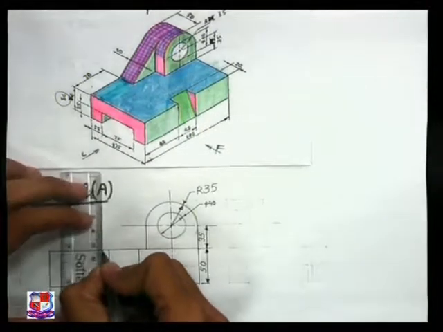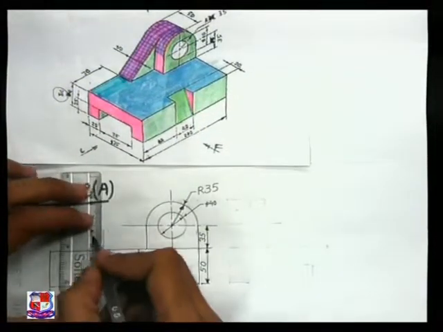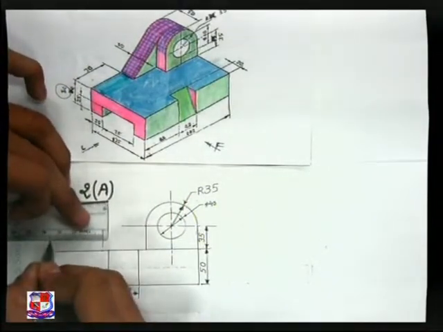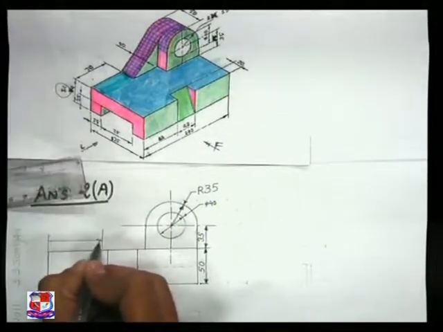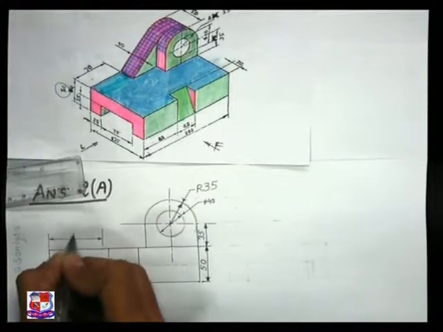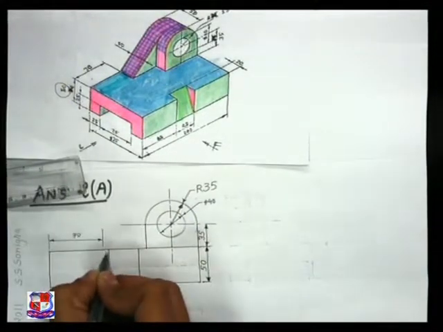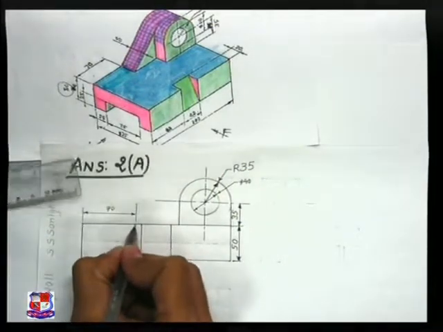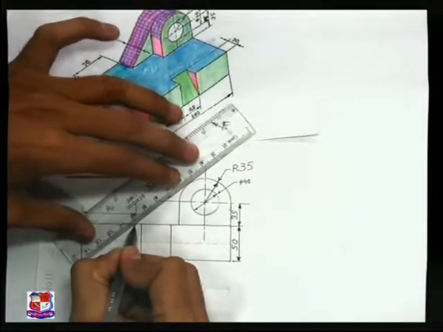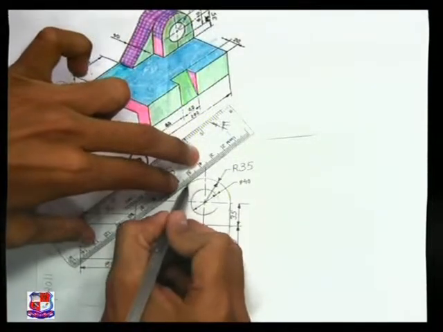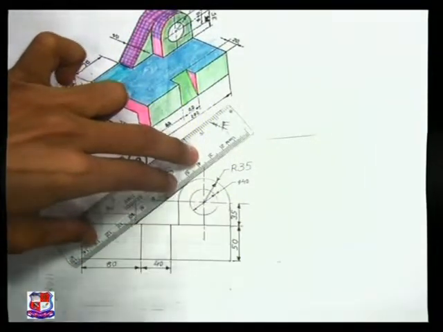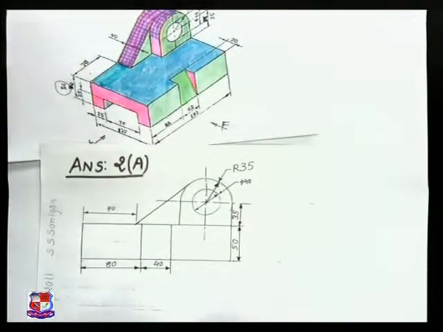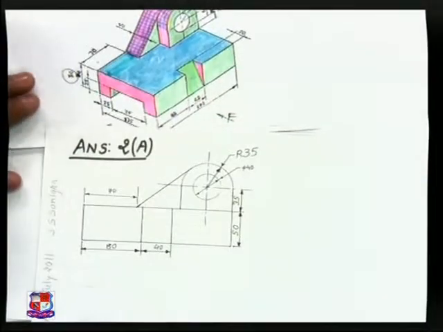Mark a point at a distance of 70 mm like this, as shown over here, and from that point draw a line which is tangent to this arc. It becomes tangent to this arc. So this represents this slant edge.